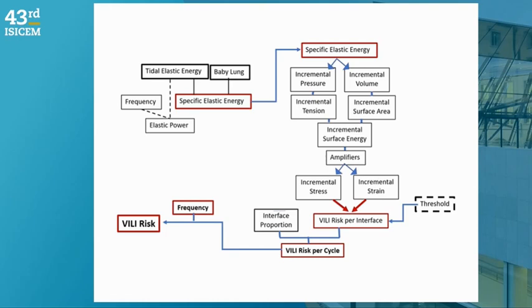And when we go down the line here to incremental stress and strain, we could get to the villi risk per interface. And if we know the interface proportion, which we can estimate in that paper I just mentioned to you, we get the villi risk per cycle. We multiply that by frequency, and we come much closer to villi risk.